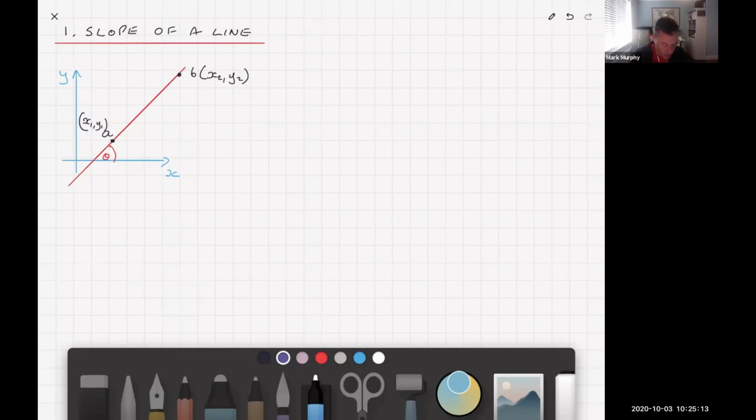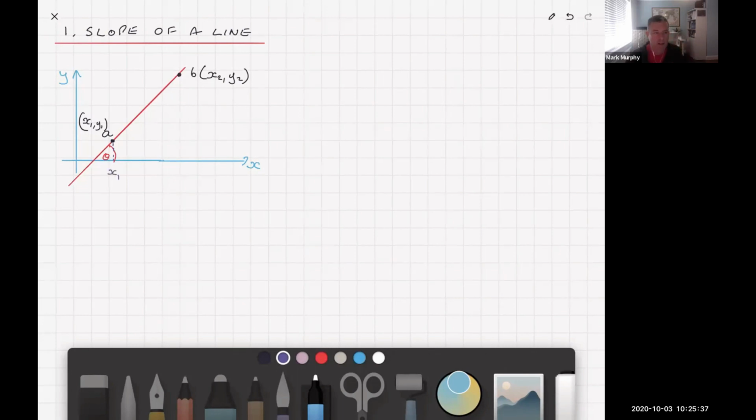So what I'll do is create a triangle. Remember at the very start I did the dotted lines down to the axis, so I'll just extend this a bit here. Okay, so I bring that down here, and that's the point x1.